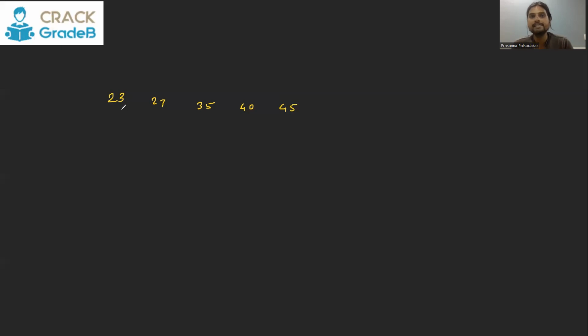If I ask you what is the average of these five numbers, so what is the formula that we use to calculate averages? Sum of the observations divided by the number of observations. So here all we do is we calculate the sum of these five observations.